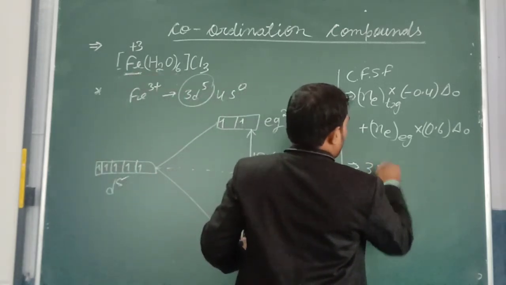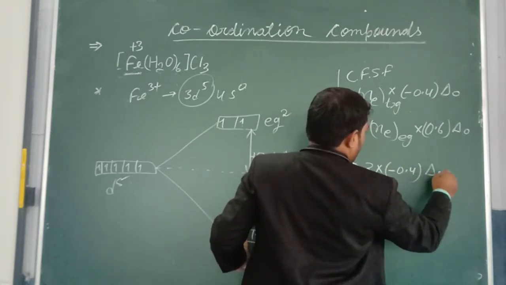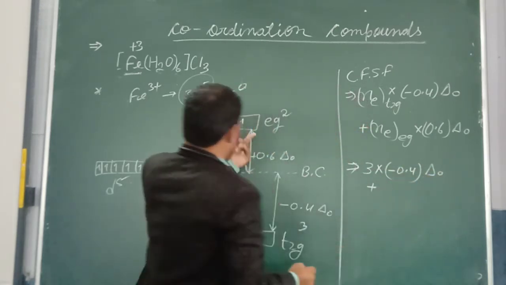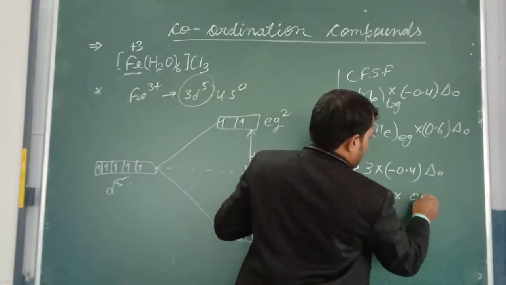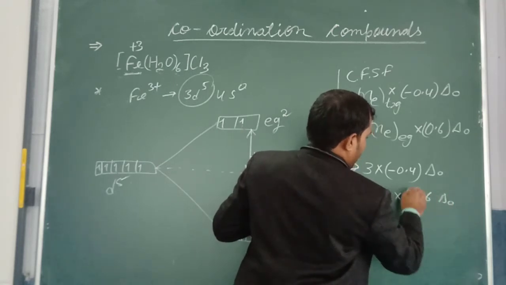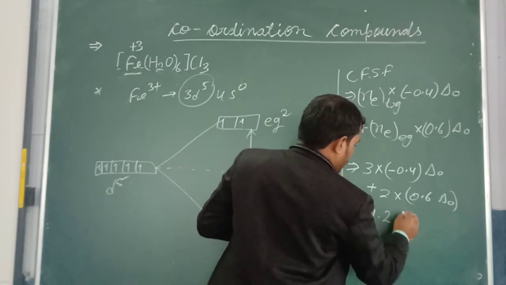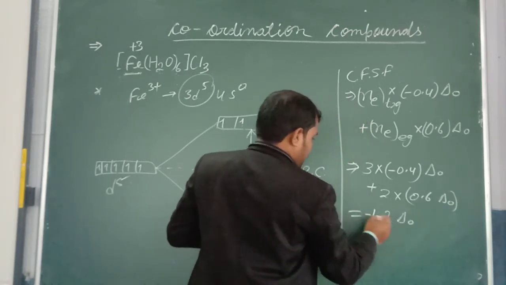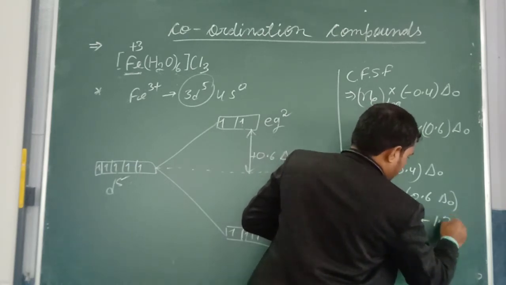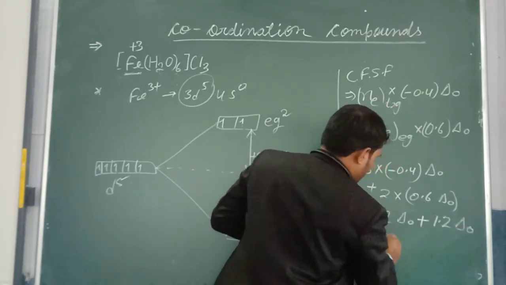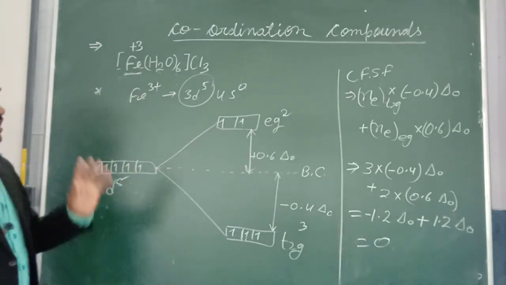So 3 times minus 0.4 delta O plus 2 electrons are present here, 2 times 0.6 delta O, which is minus 1.2 delta O plus 1.2 delta O, equal to 0. For this complex, the crystal field stabilization energy is 0.